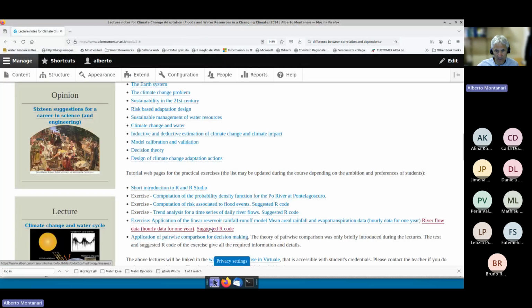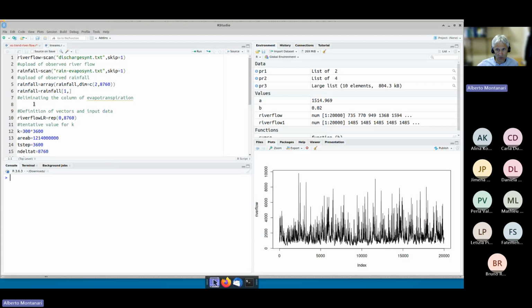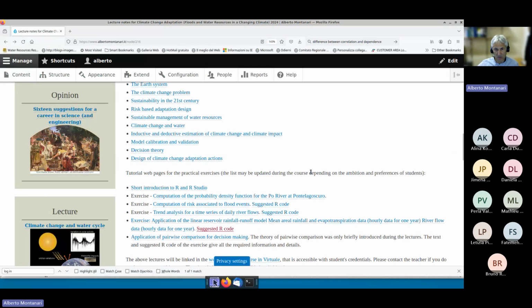And you have an R code here, already opened in RStudio. So please take 5 minutes to have a look at the next one. You don't need to start it, but you may also try because you have the R code. In this way, you can follow me better when we will make this exercise, which is the last but one, because we will also have a final one on decision theory.